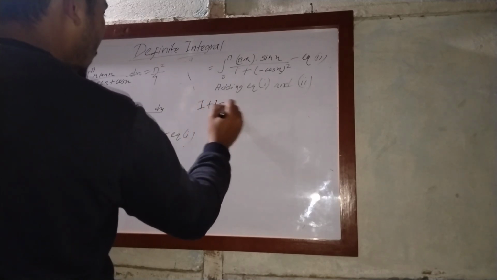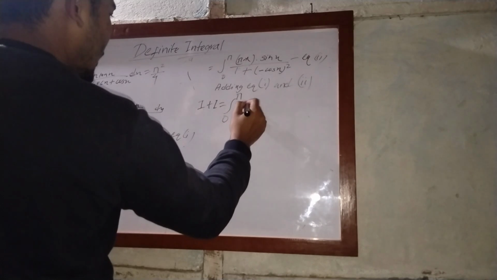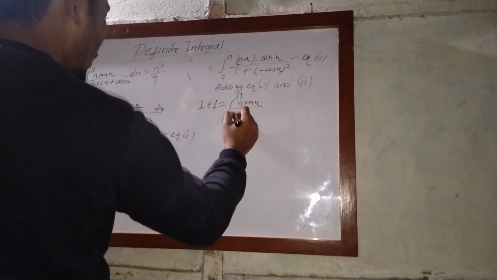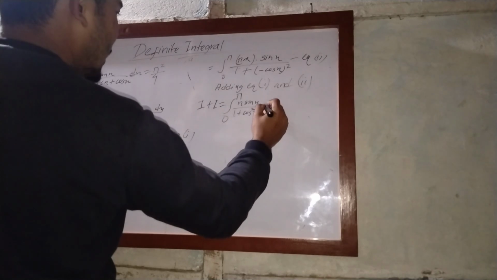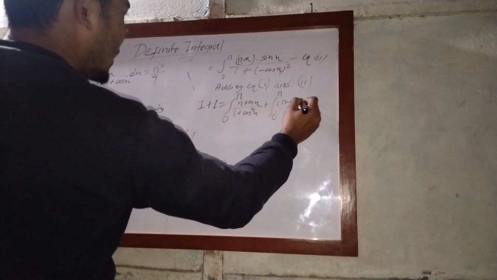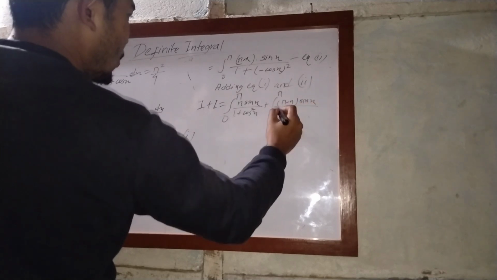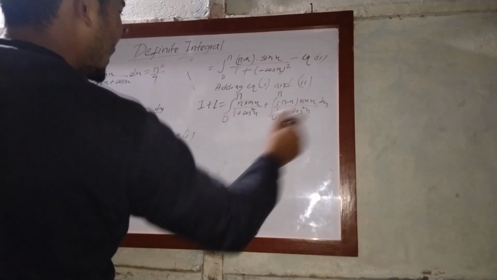I plus I is equal to the integral from 0 to pi of x sin x by 1 plus cos square x, plus the integral from 0 to pi of (pi minus x) sin x by 1 plus cos square x dx.